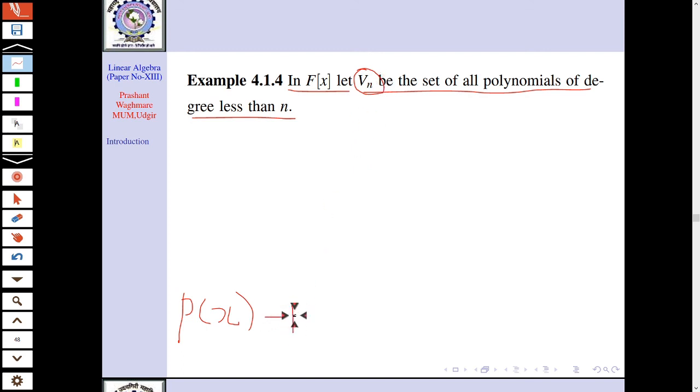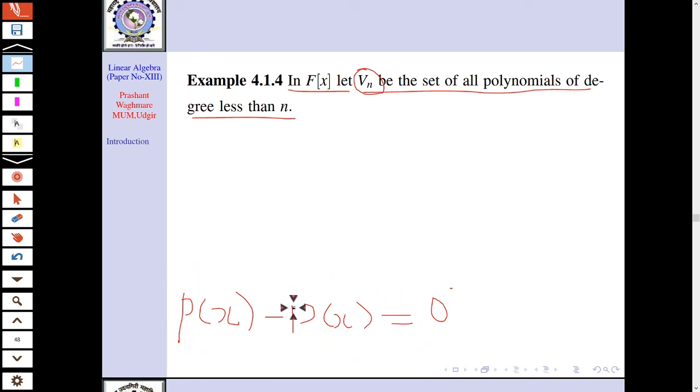Then what about p of x minus p of x? P of x minus p of x will be 0, and 0 is a polynomial of degree, what? 0. That's why the closure property doesn't hold there.